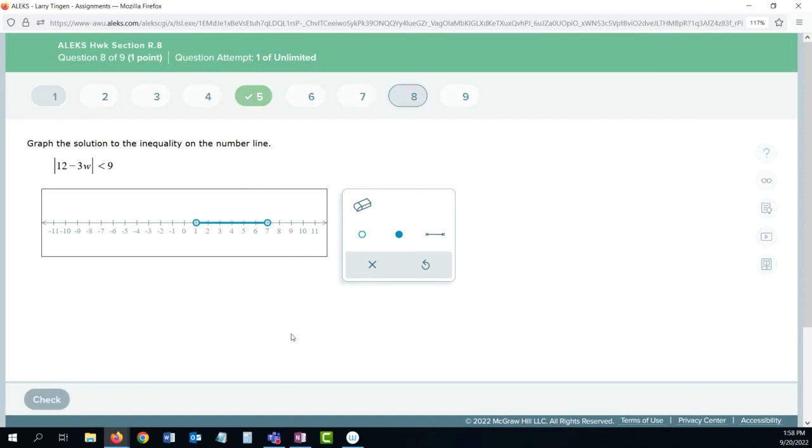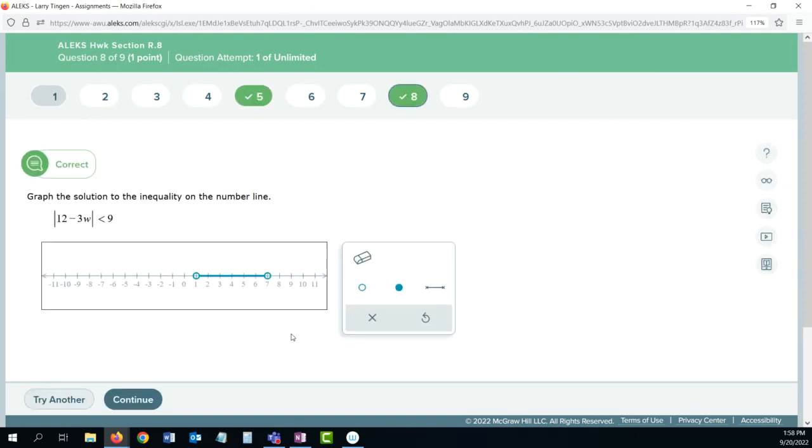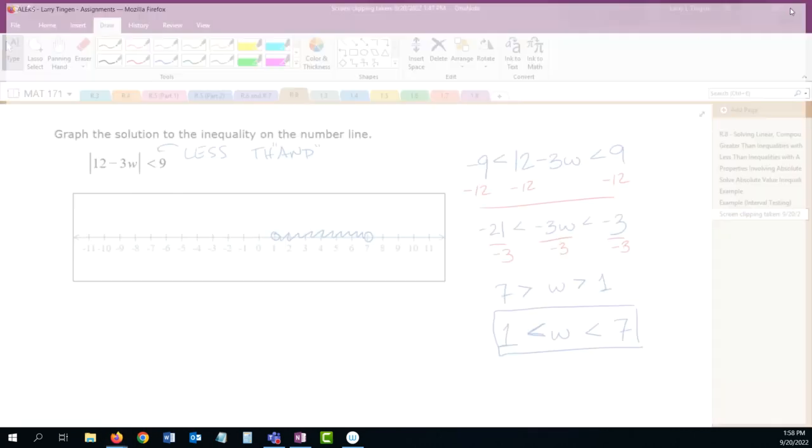The only answer was the numbers between 1 and 7, not including 1 and 7. So you set your endpoints. If they're parentheses, open circle. If they're brackets, closed circle. And then highlight the interval or intervals that are in the solution.